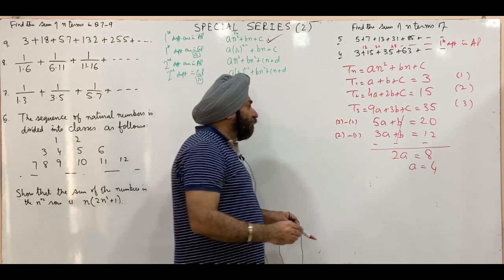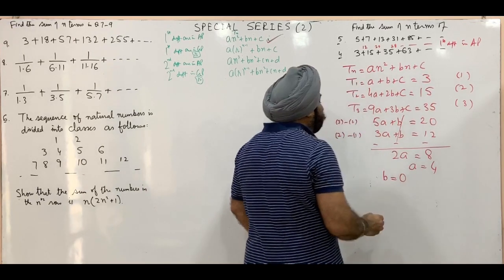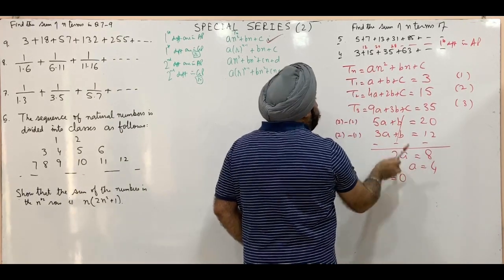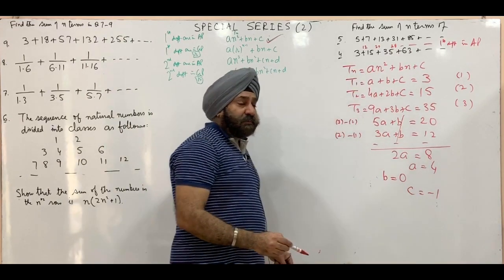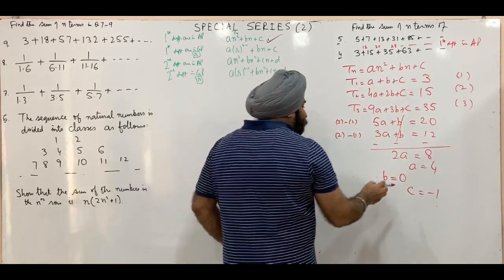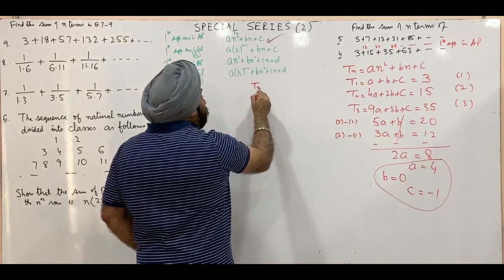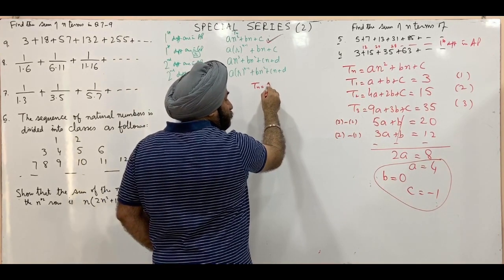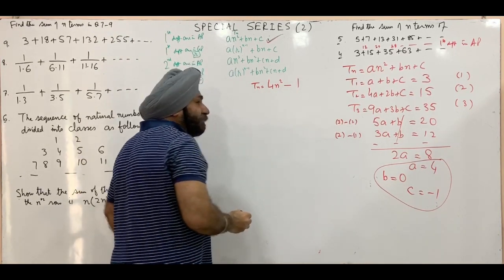We substitute value of a equal to 4 here, and this gives us b equals to 0. Substitute values of a and b in the first equation. This is c equals to minus 1. And substituting values of a, b and c here in Tn, we get a is 4, so 4n square, b is 0, minus 1. This is Tn.